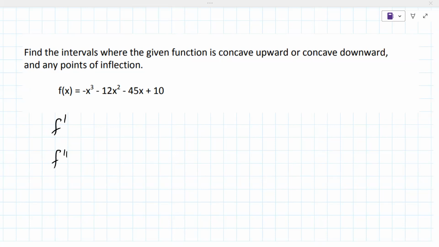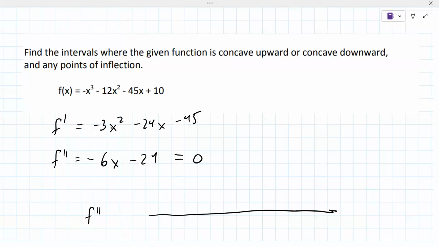Okay, f double prime of x equals negative 6x minus 24. Yeah, that sounds right. Okay, now when you set that equal to 0, could you solve for x, please? X equals negative 4. Okay.